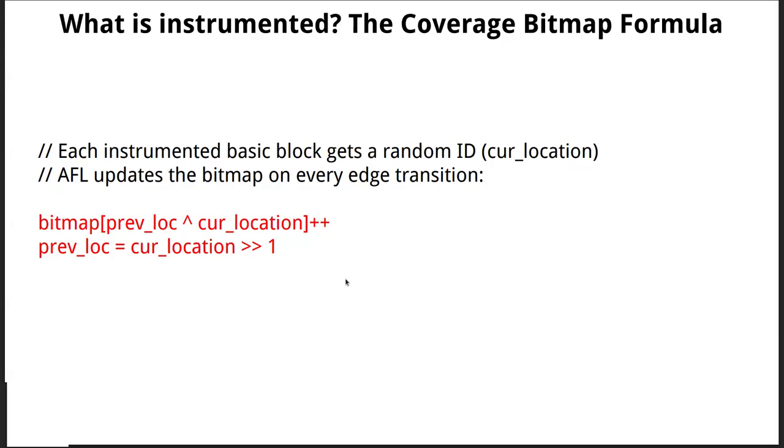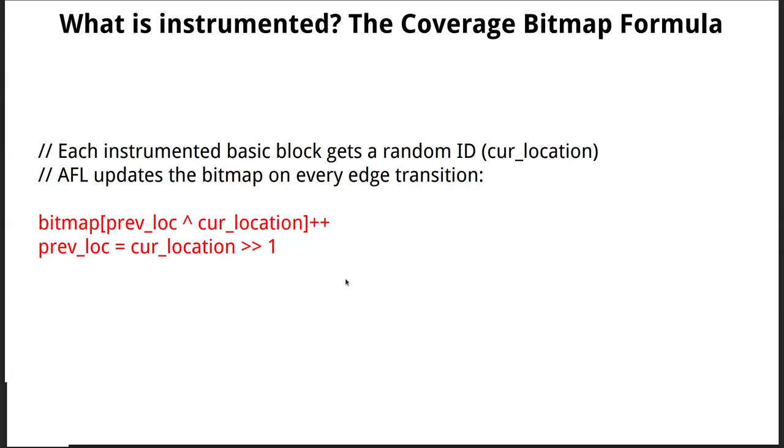It does that by instrumenting the beginning of each basic block. It gives each basic block a random ID, assigned at compile time as a fixed ID. And that ID represents each basic block.